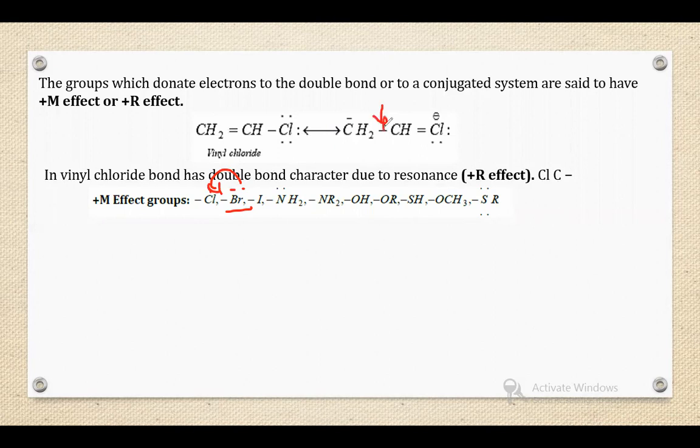If they donate to the neighboring carbon, the alternate carbon will have the single bond shifted to a double bond.